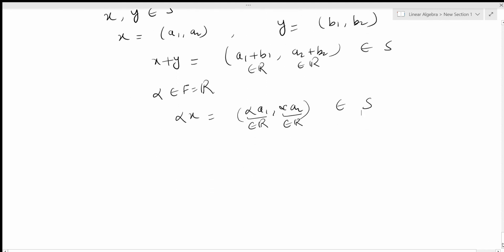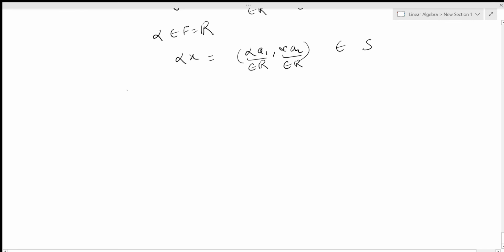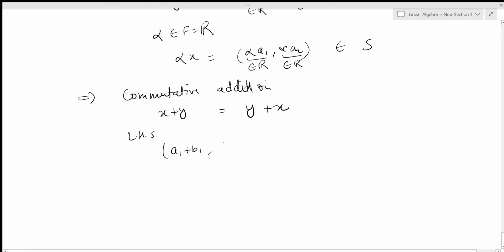Now commutative addition, in which we have to show x plus y is the same as y plus x. So we can start with the left hand side, x plus y. Sorry guys, the addition is defined here.